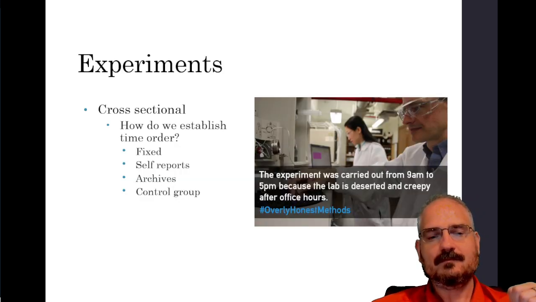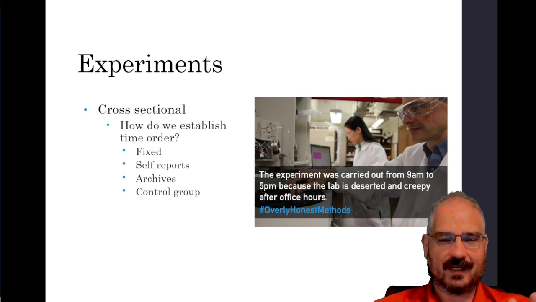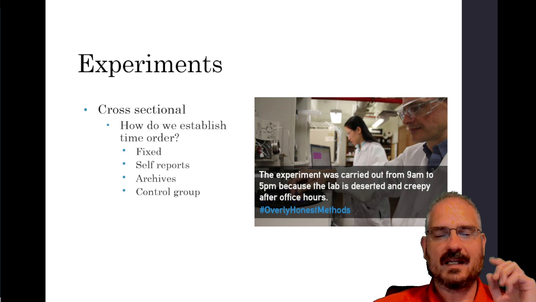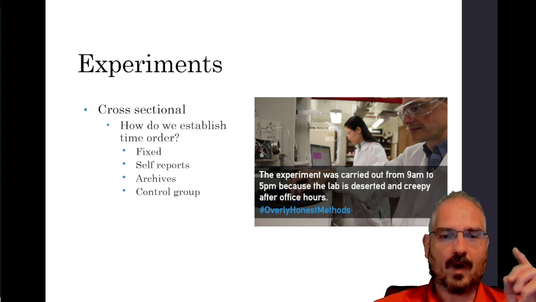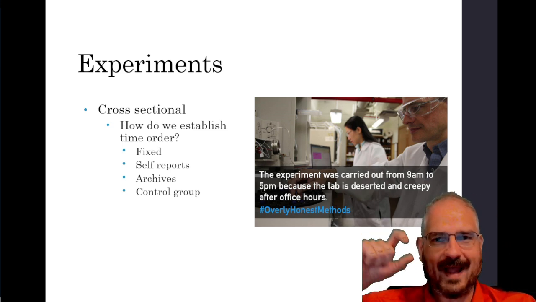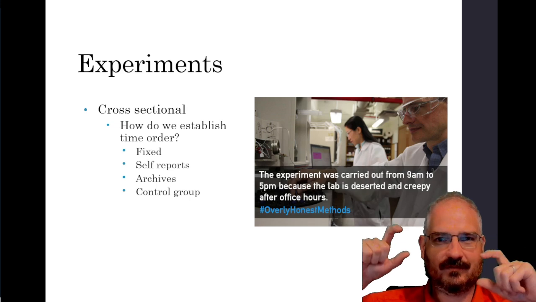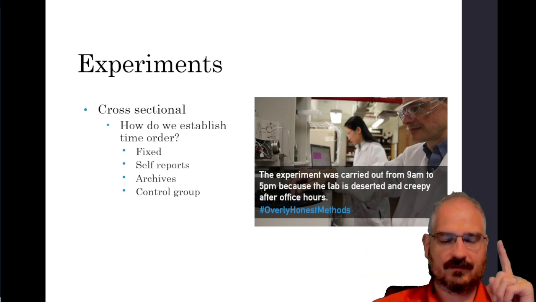Now, there are 4 requirements for causality, right? One of the easiest to establish is correlation, right? You change X and Y changes, right? So there's correlation.